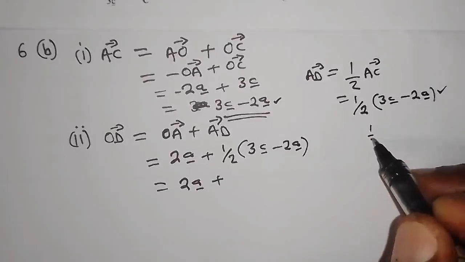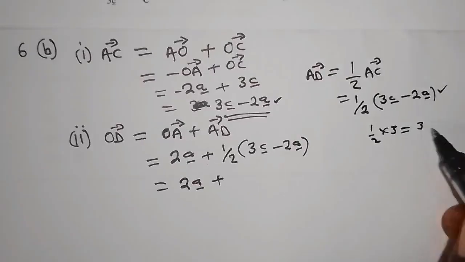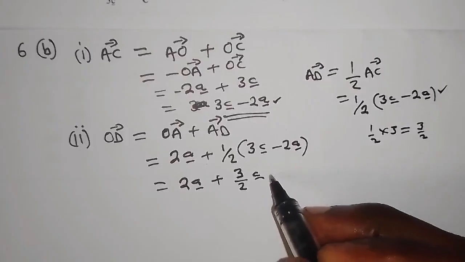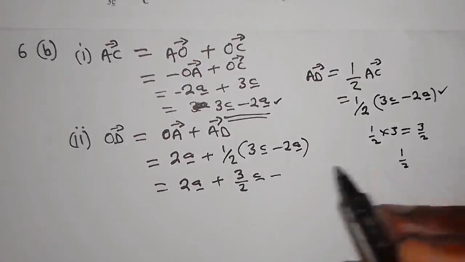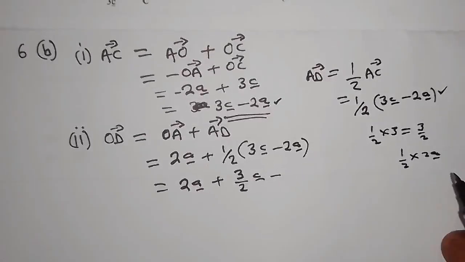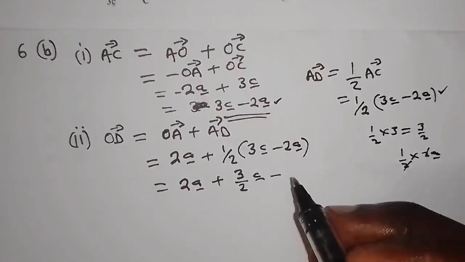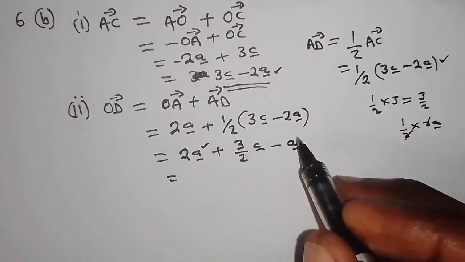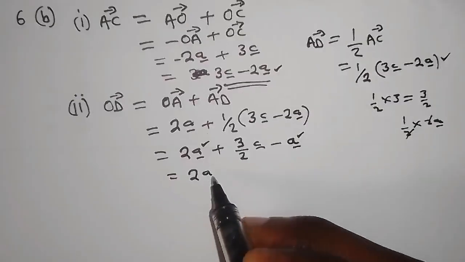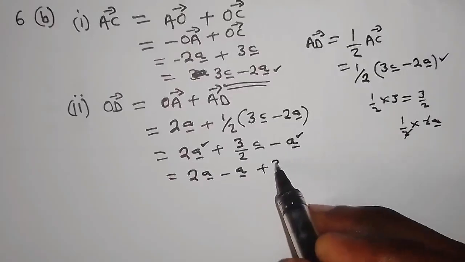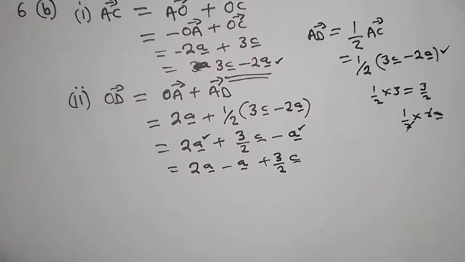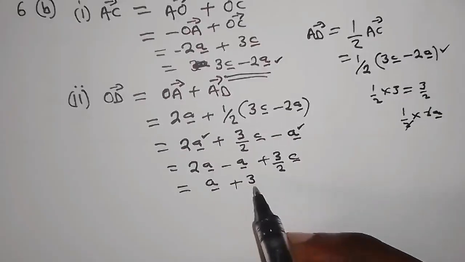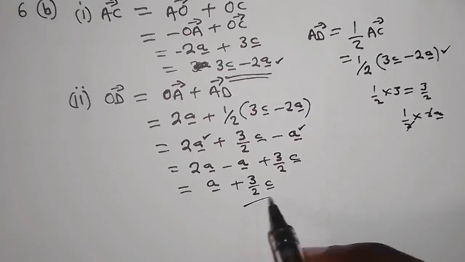Half, just like saying 1 over 2 multiplied by 3, will give us 3 over 2, so this will be 3 over 2 vector C. Then half times 2A, 2 there is 1, so it's just minus A. We know that 2A and minus A are like terms, so 2 vector A minus vector A is just vector A, plus 3 over 2C. Then you are done.